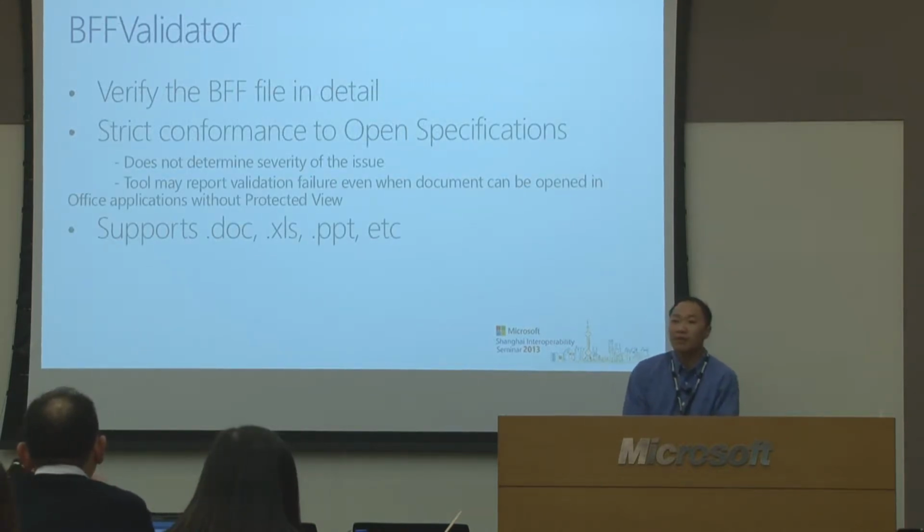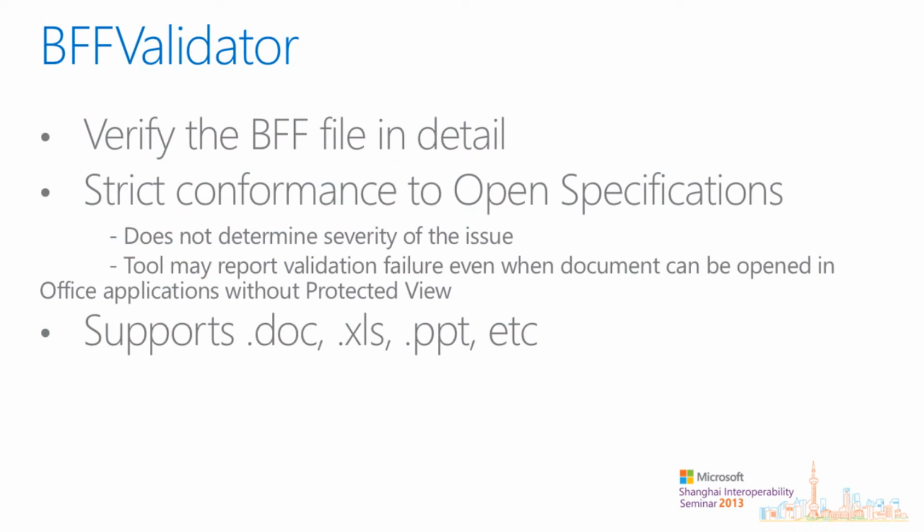The BFF Validator verifies the binary file format in great detail. It checks every single thing in the file and does a very strict conformance check. It doesn't determine the severity or the importance of an issue. As long as there's an issue, it will report it to you, so it's very different compared to OFV.